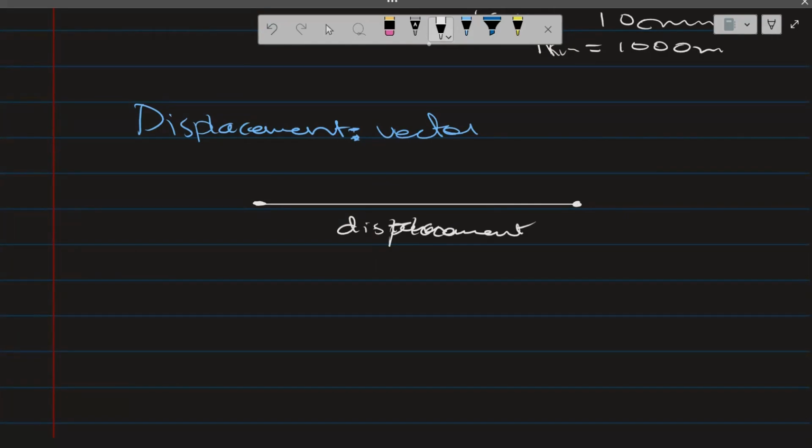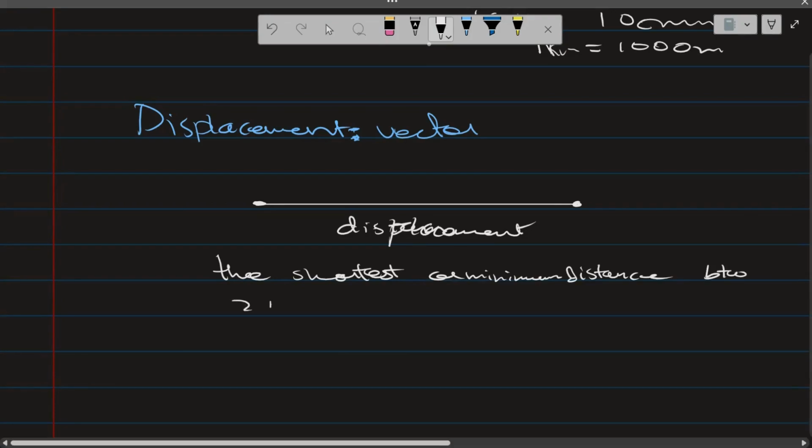Now let's write the definition of displacement. What is the definition of displacement? The shortest or minimum distance between 2 points is called displacement.